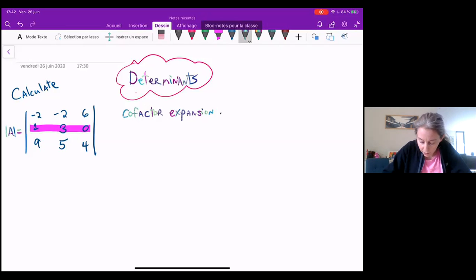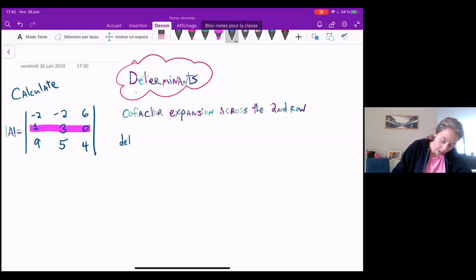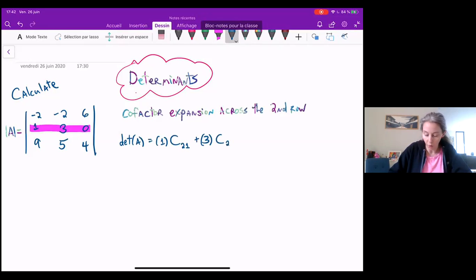So cofactor expansion across the second row. So what this means is my determinant of A will equal 1 times the cofactor in the second row and the first column, plus 3 times the cofactor in the second row and the second column, plus 0 times the cofactor in the second row and the third column.